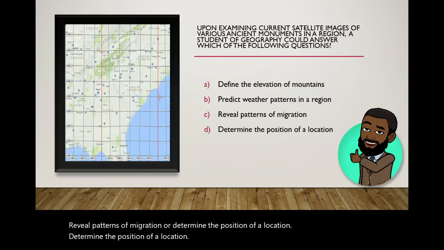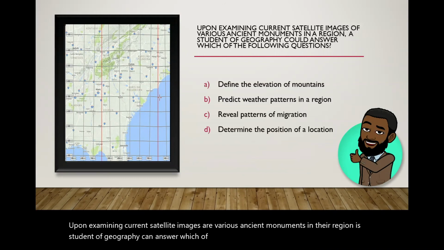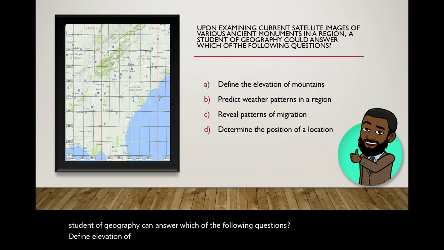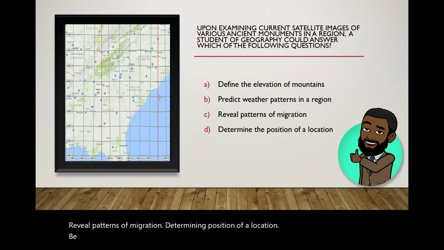Upon examining current satellite images of various ancient monuments in the region, a student of geography could answer which of the following questions? Define the elevation of mountains, predict weather patterns in the region, reveal patterns of migration, determine the position of a location. D, determine position of a location.